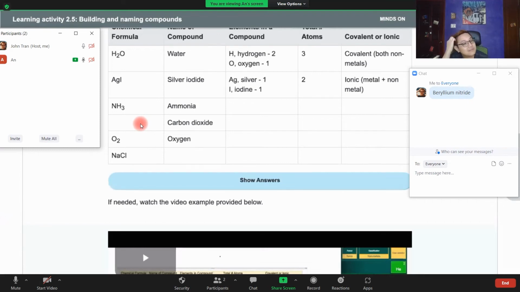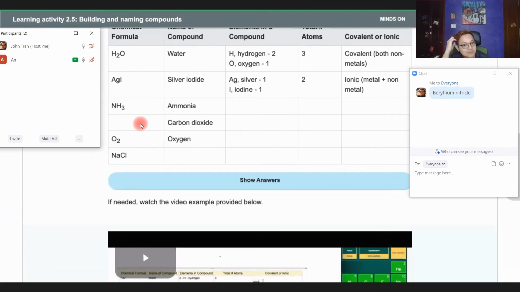Okay, now, carbon dioxide. Dioxide means two oxygens. What's the chemical formula? CO2.